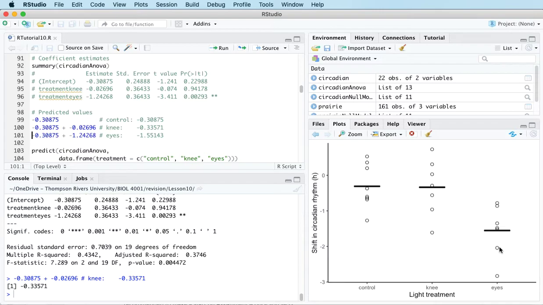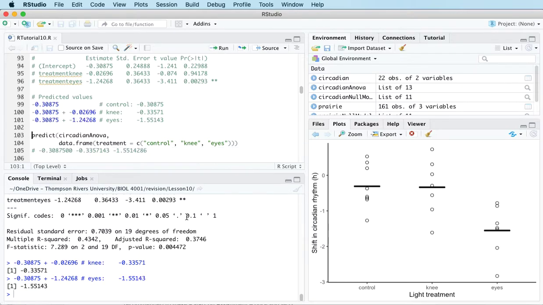Finally, for the eyes treatment, I'm going to add the intercept term and the term for the eyes treatment. And so if I do that, I get minus 1.55.